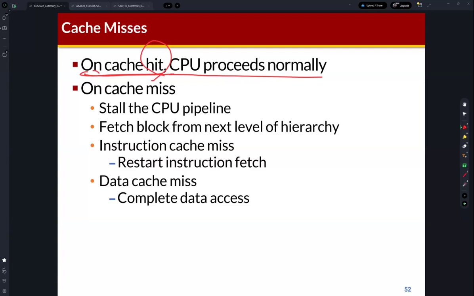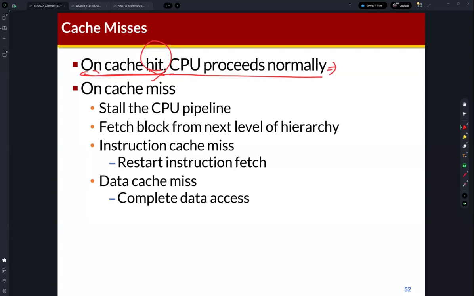We just assume that we can read the requested instructions from instruction memory within one clock cycle, and we can read the requested data in data memory within one cycle. So this is the cache hit case, and we do not consider performance degradation for the cache hit case, right?